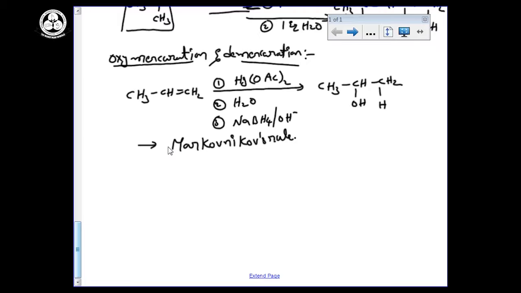Oxymercuration and demercuration follows the Markovnikov rule. We will see here how it goes on. See the mechanism of the reaction.